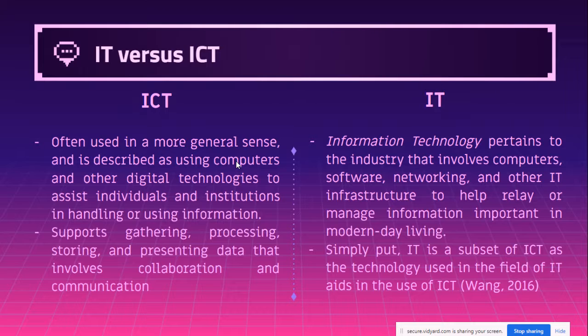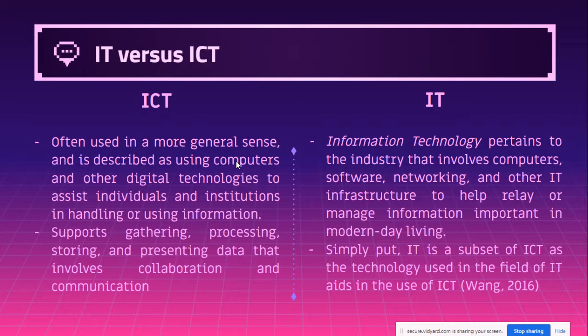In modern life, the information technology industry, which includes computers, applications, networking, and other IT infrastructures to help relay or handle data, is very significant, as seen mainly in major businesses or organizations. So what happens with the business organizations and the use of computers and applications? This is more on the information technology industry.